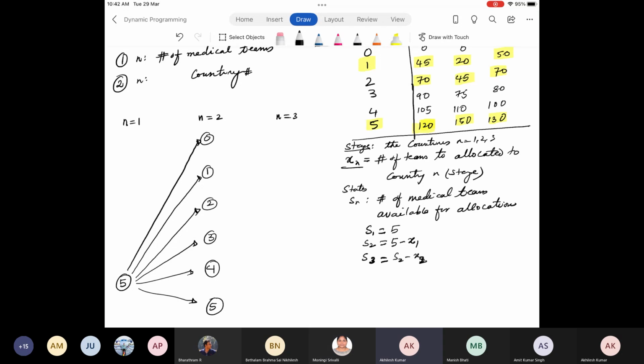Then I will make a decision Xn. Xn can be 0, 1, 2, 3, 4 or 5. Is this clear? Now, if I take a decision that Xn should be equal to 5, then I'm left with 0 teams to assign to country 2. You agree? Because 5 minus 5 is 0.